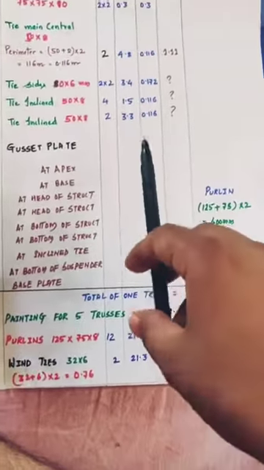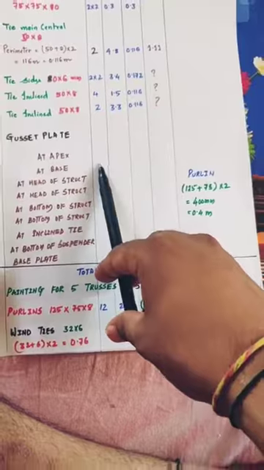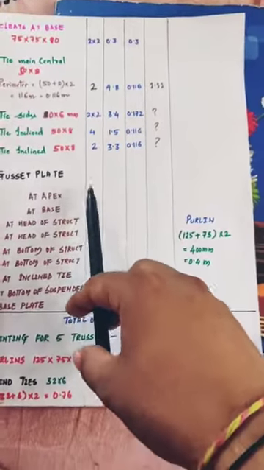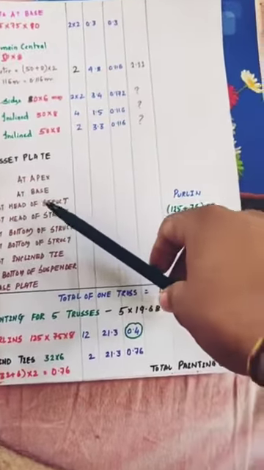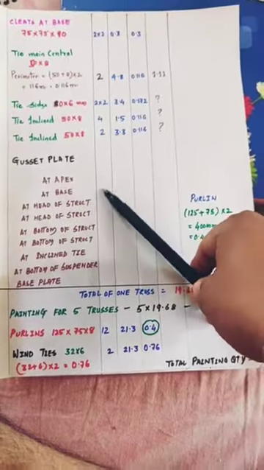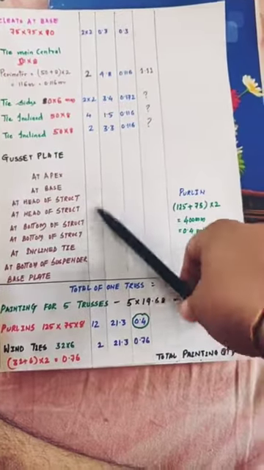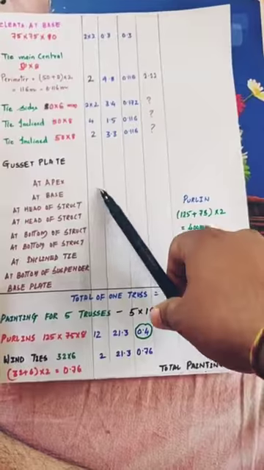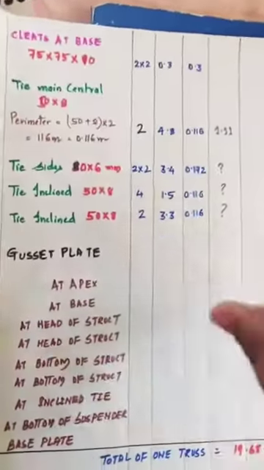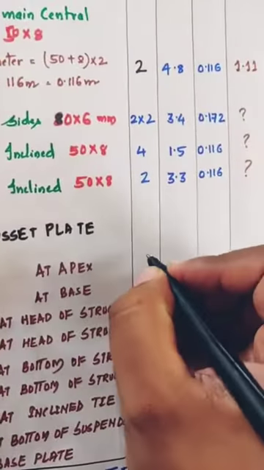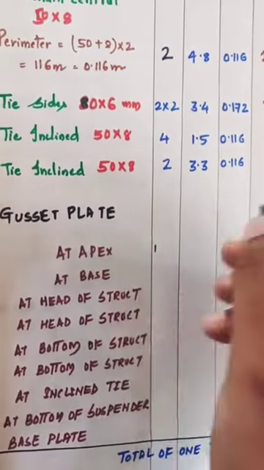I'll give a hint for this. At apex, you already know the number of gusset plates that are being provided. So for the first column you will get the quantities. But here one thing you have to remember: at apex there is only one gusset plate, right?